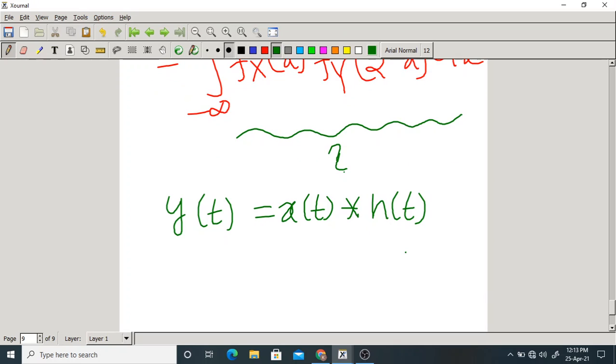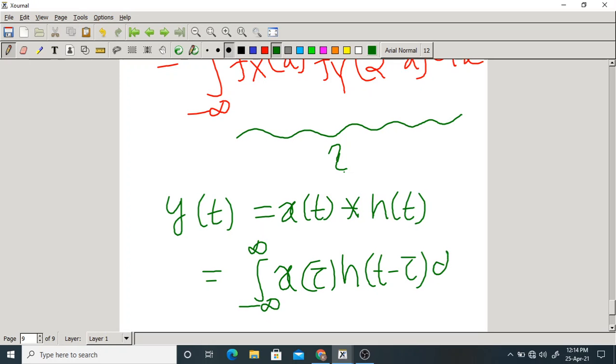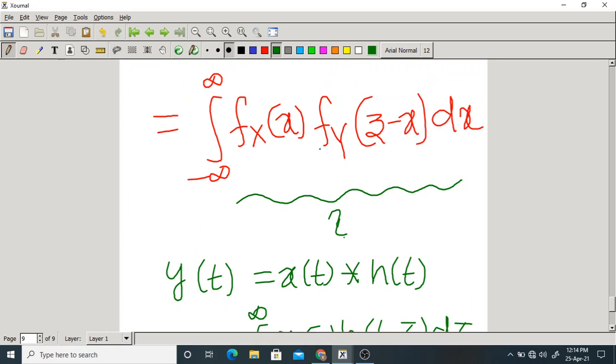What is the formula? What you might have written? Minus to plus infinity x of tau h of t minus tau d tau. Isn't it?